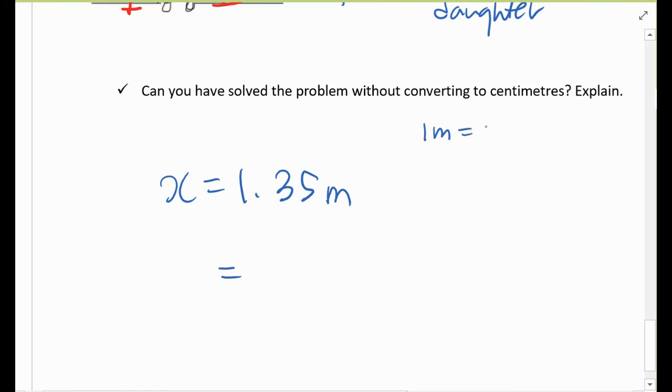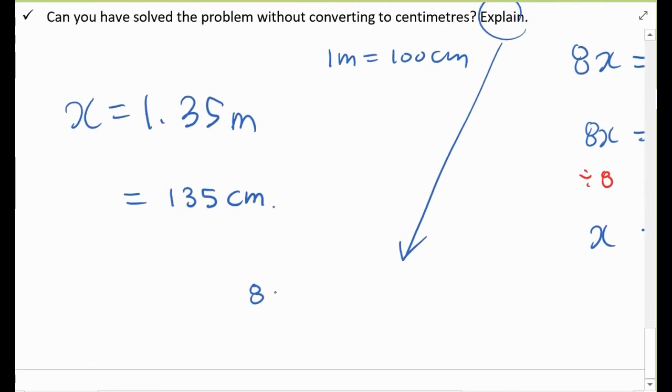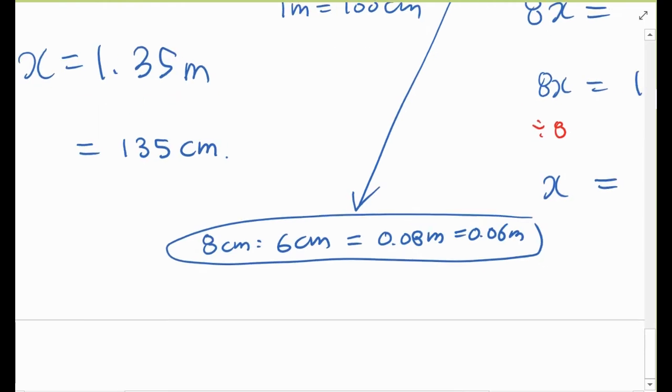We know 1 meter is 100 centimeters, so that will be 135 centimeters. Since it says explain, you can simply say 8 centimeters to 6 centimeters is the same as 0.08 meter to 0.06 meter. Regardless of what unit you use, you get the same ratio. Therefore, we do not have to convert centimeters to meters.